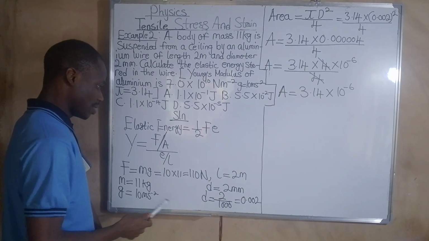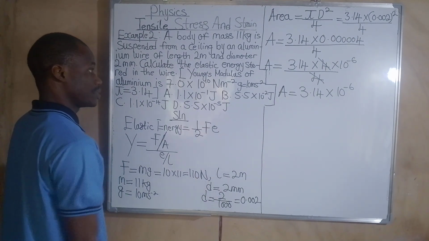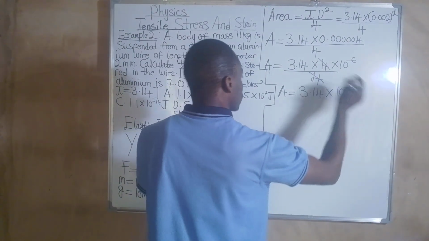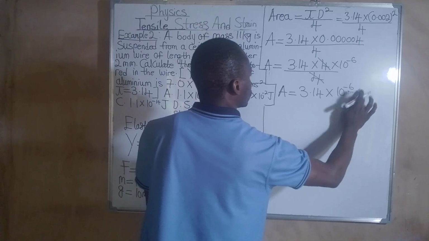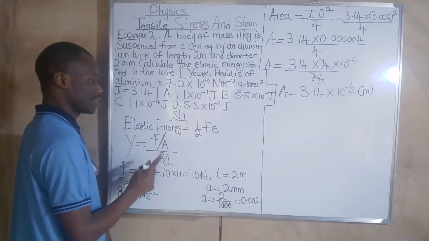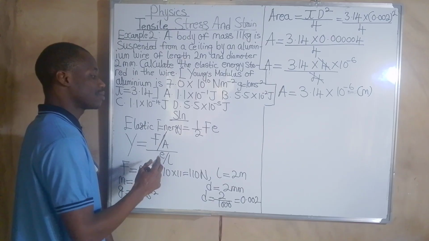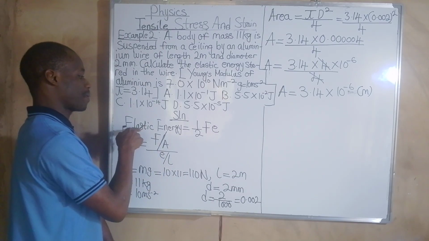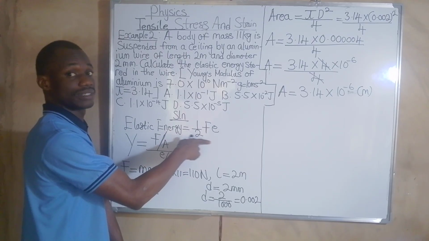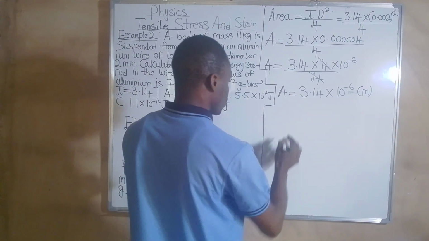Then length 2 meters, which should be in meters now, right? Then we are looking for extension. After looking for extension, we will apply the elastic energy formula to get our final answer. So let's go.